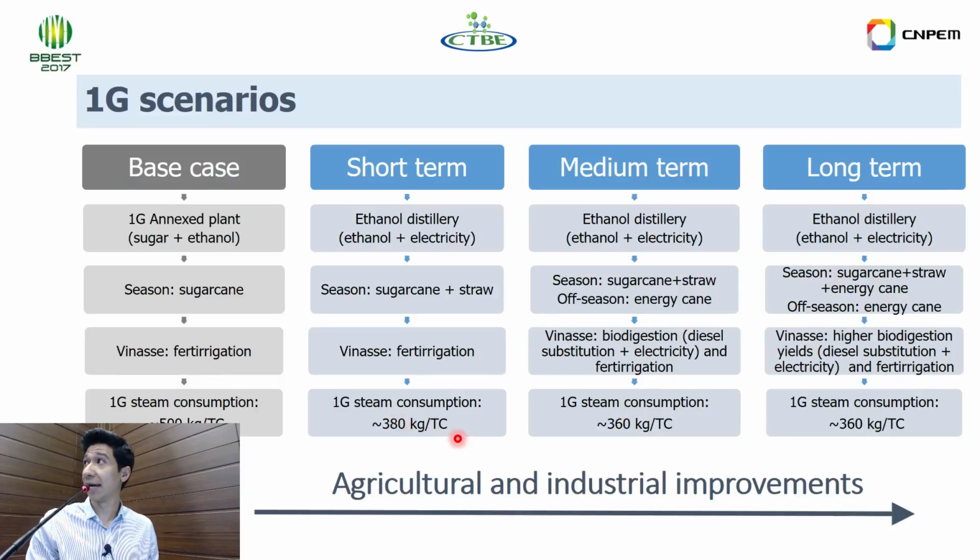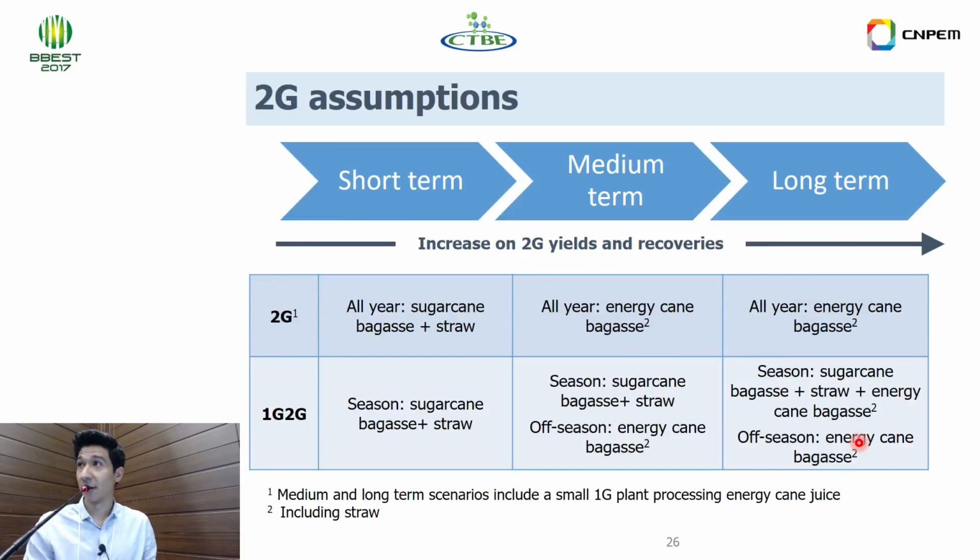And when we look at the energy efficiency, we can see that for first generation, steam consumption will gradually decrease from 380 kilograms of steam per ton of cane crushed to 360. And for the second generation, we have a lot of assumptions, like I already presented to you, in terms of industrial conversion and industrial parameters, but here I'm only highlighting standalone plants, the 2G plants, which is the plant that's isolated, versus integrated first and second generation plants.